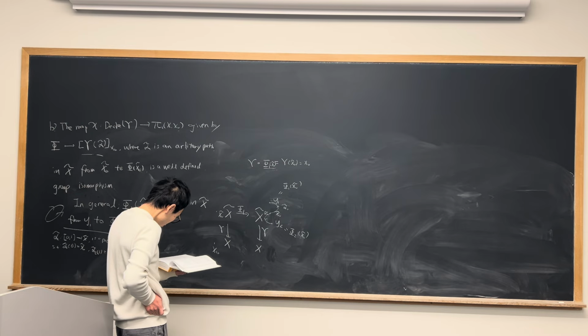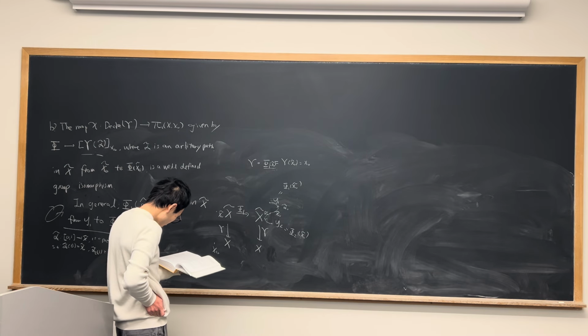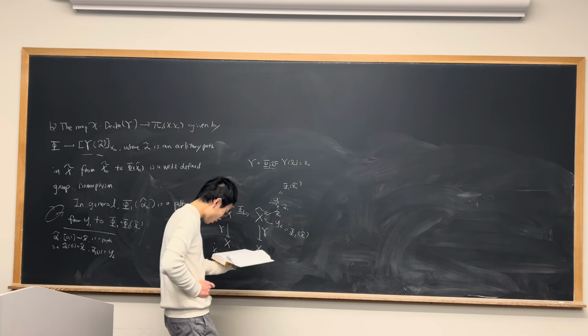Now what do you want to show? We want to show that this chi is a homeomorphism, right?